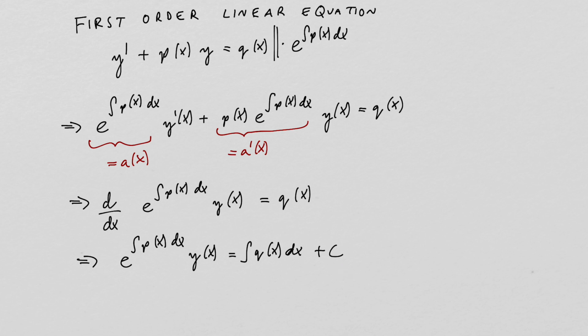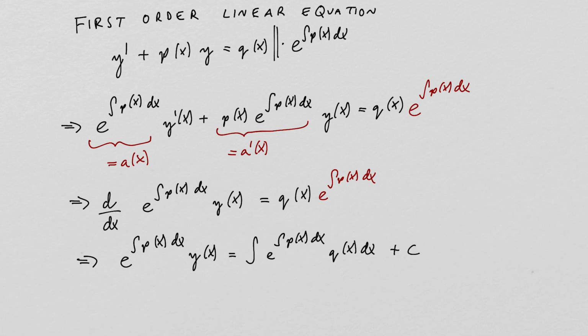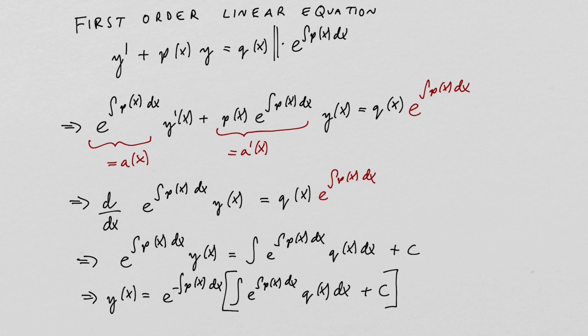And here's a mistake. Of course we need to multiply with the same function on the right hand side also. So we need to add that. Here is our solution.